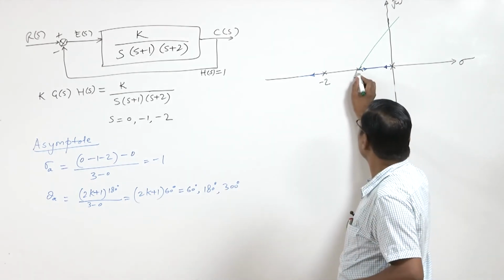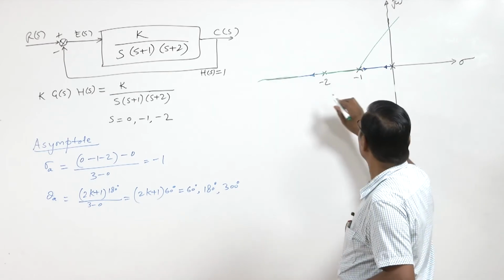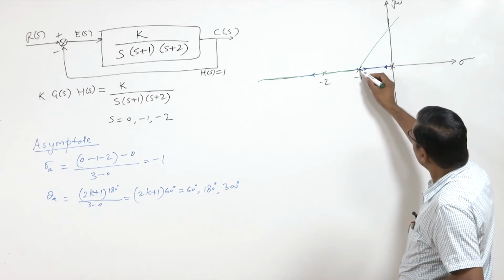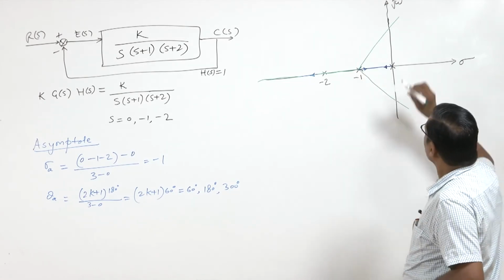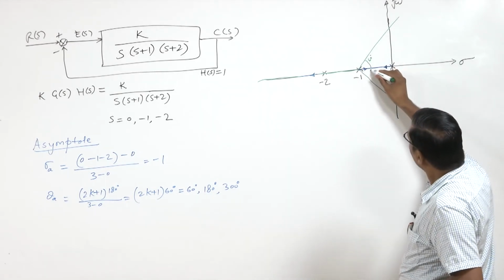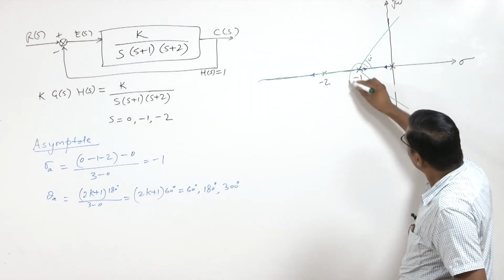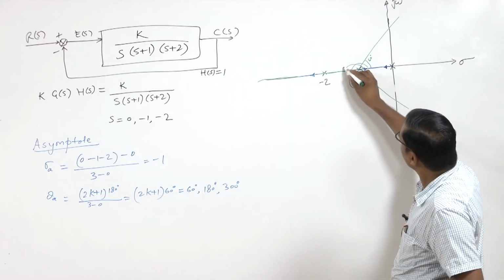So this is 180 degree, and the other is 300 degree, or minus 60 degree. So this is 60 degree, and this is 300 degree, and this is 180 degree.